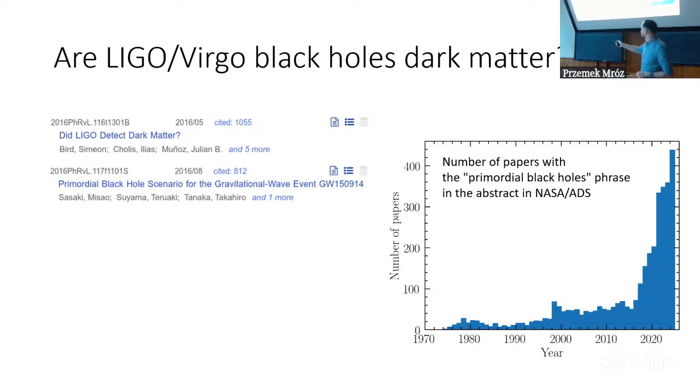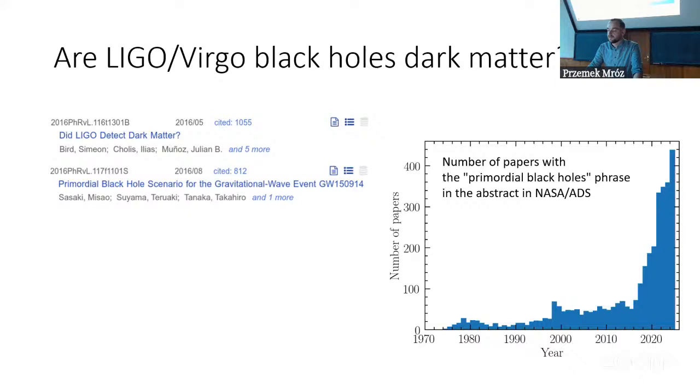So the first papers about that were published in 2016, right after the first gravitational wave events were announced. These papers have more than 1,000 citations as of now.